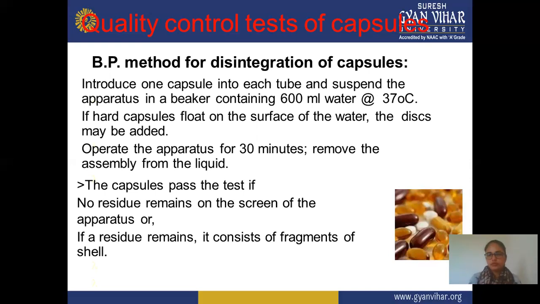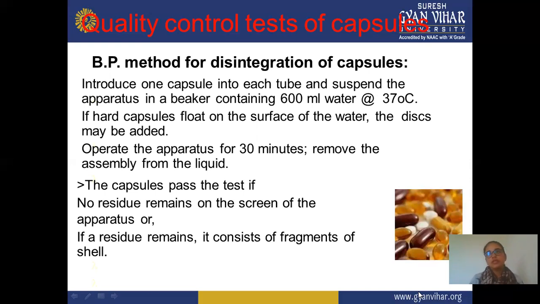After operating this apparatus for 30 minutes, you remove the assembly and check how much of the capsule has disintegrated. The capsule passes the test if no residue remains on the screen of the apparatus, or if residue remains, it consists only of fragments of the shell.